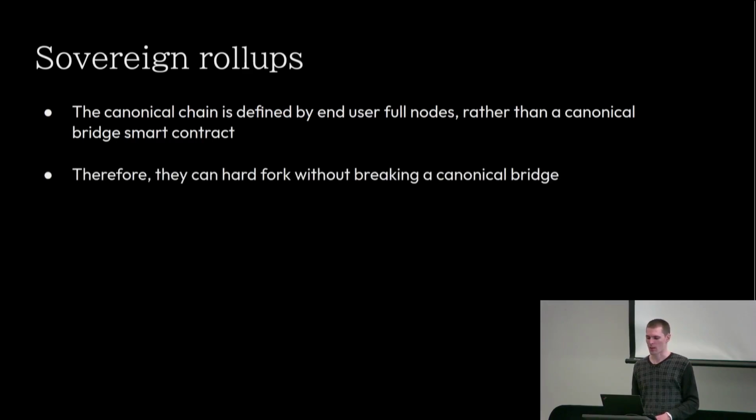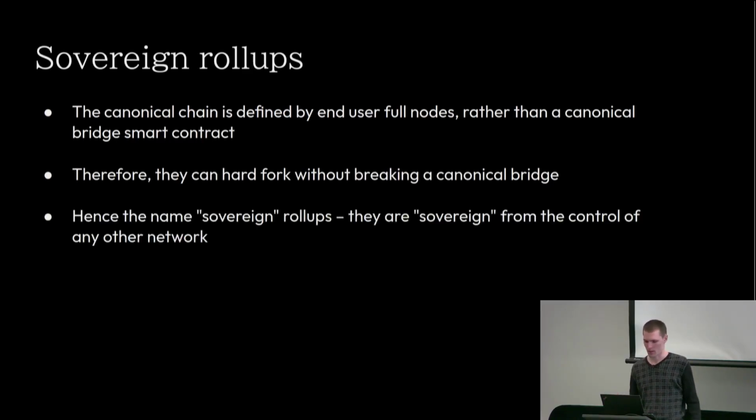Therefore, these types of rollups can hard fork without breaking any canonical bridge, which gives them this name. They are sovereign from the control of any other network. They can change their rules at will without worrying about breaking anything external.